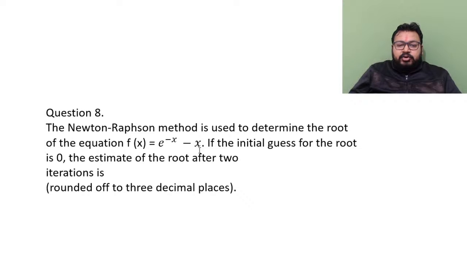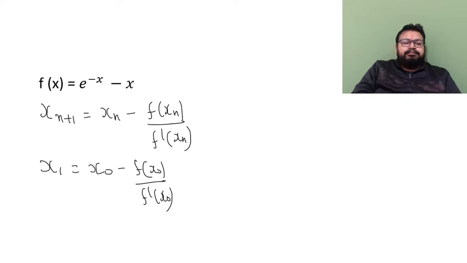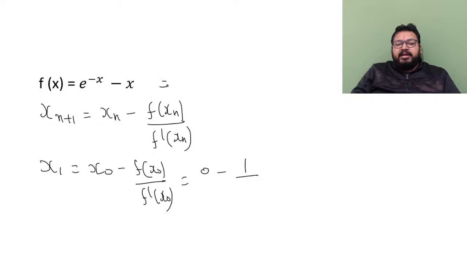So what is the initial root? Initial guess is 0. So it is 0 minus f of x0. When you put x as 0, e to the power 0 becomes 1, and the other term becomes 0. So that is 1 divided by f dash. So let us take the derivative, f dash x.